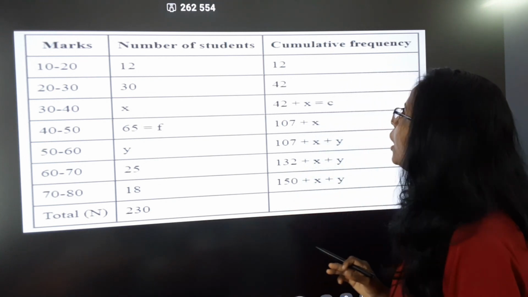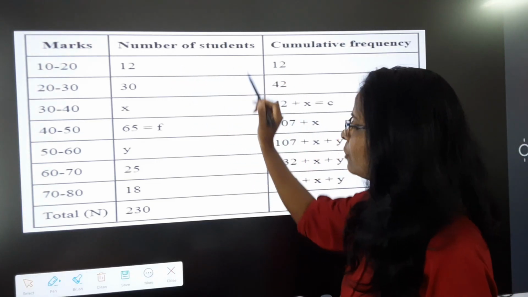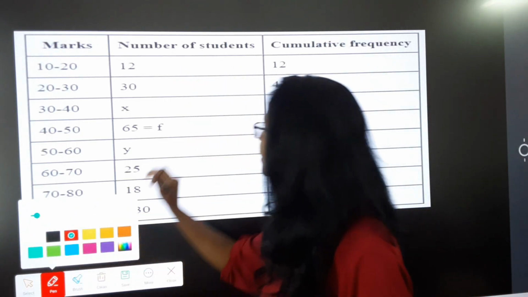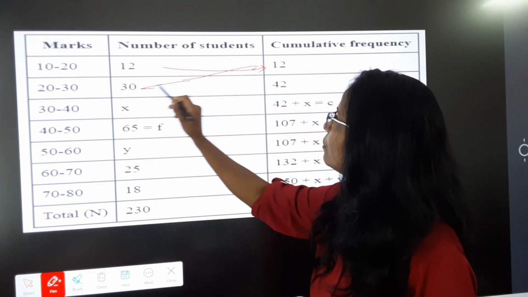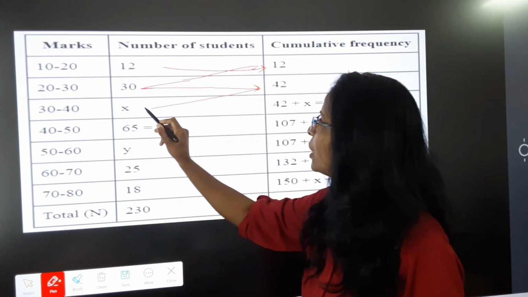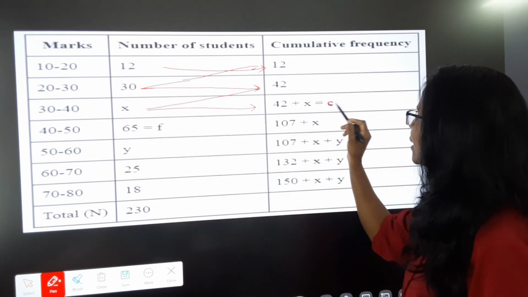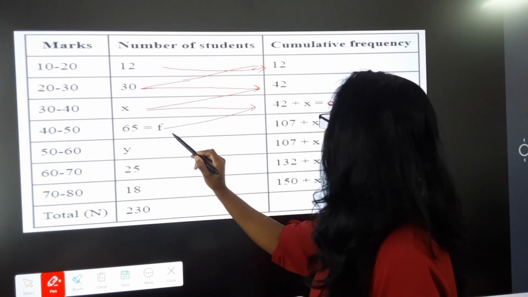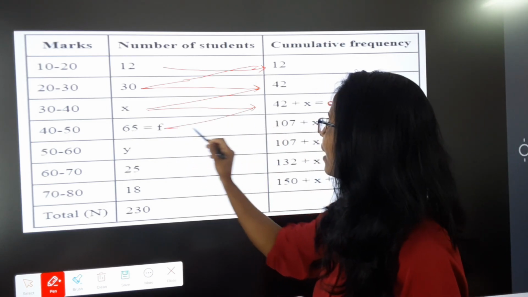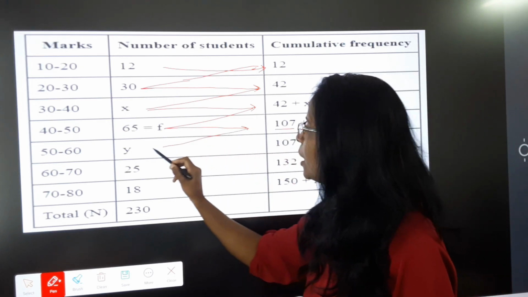Okay, so now we write the first frequency 12 as it is. Then 12 plus 30, that will be equal to 42 plus x. Here we write 42 plus x, and we consider it as a cumulative frequency. Now 42 plus x plus 65, that means 107 plus x, then 107 plus x plus y.